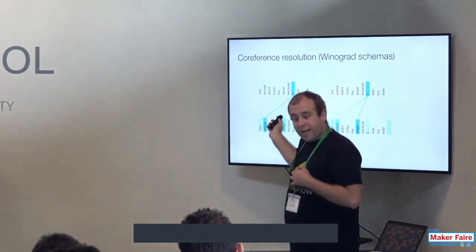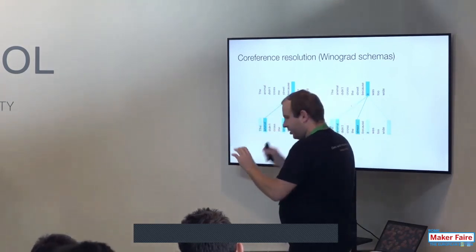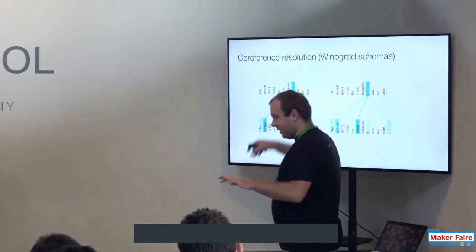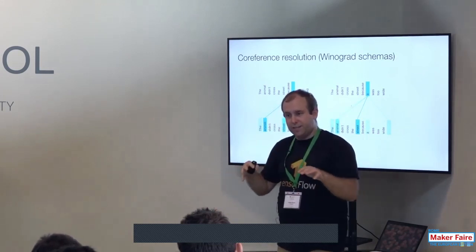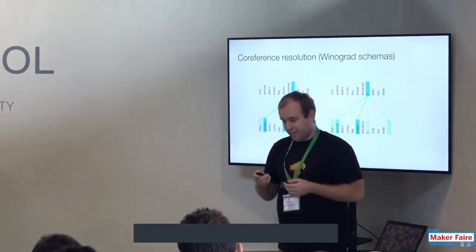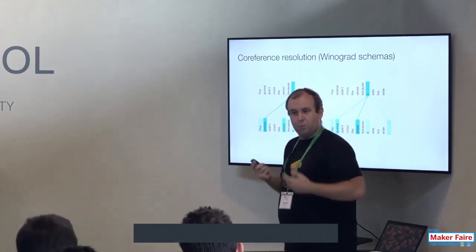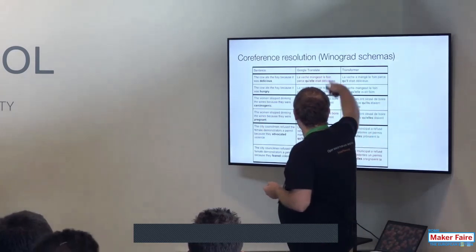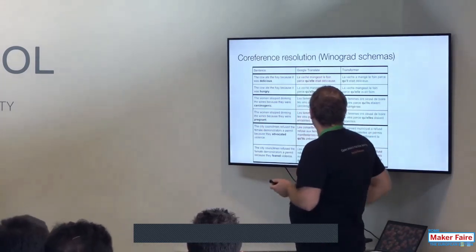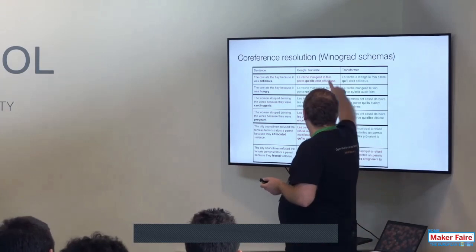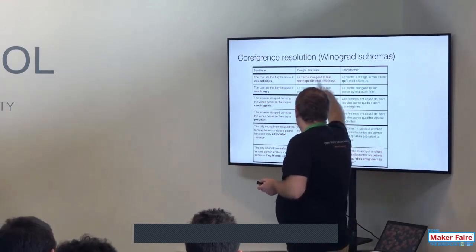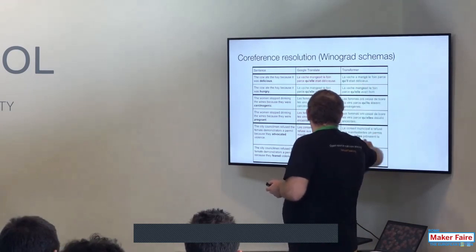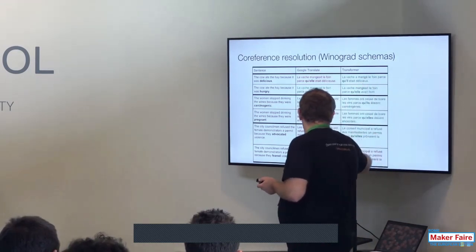Now, it will not get everything right, but what this shows you is that this model has the capacity of thinking about relations, because it can retrieve these two things, and in the next layer start processing this to decide what to output next. So here is a bunch of these Winograd schema sentences, and Google Translate gets one or the other wrong, while we get these two correct, and these two wrong.